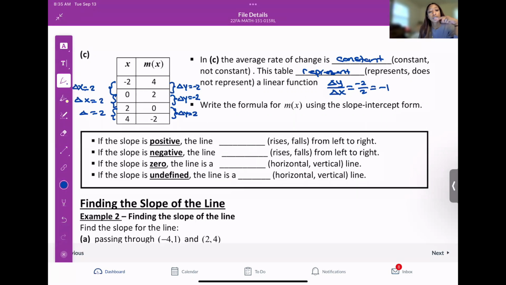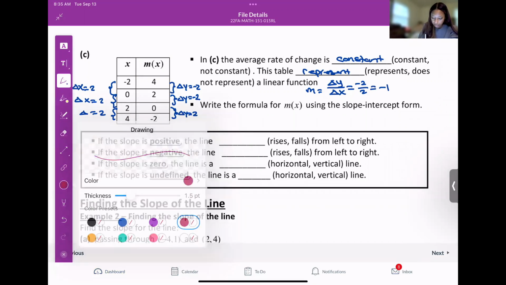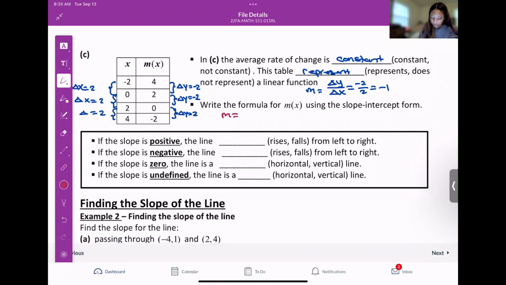Okay, so when we go on to the second part here, write the formula for m(x) using slope-intercept form. -1 is the slope. So m is equal to delta y over delta x, which is just -1. From our table, we see that we have the point 0, 2, which gives us our value for b equals 2.